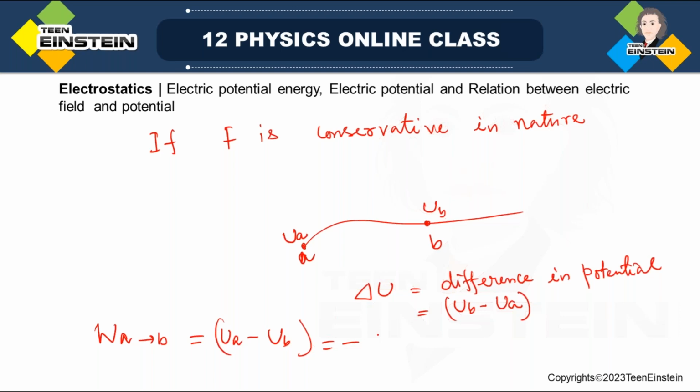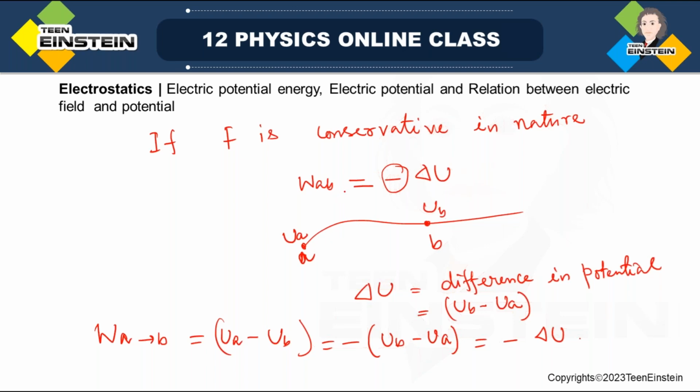If I take UB minus UA, this is delta U, so it is minus delta U. So we can write that work done A to B will always be the change in the potential energy between the two positions along with a minus sign.